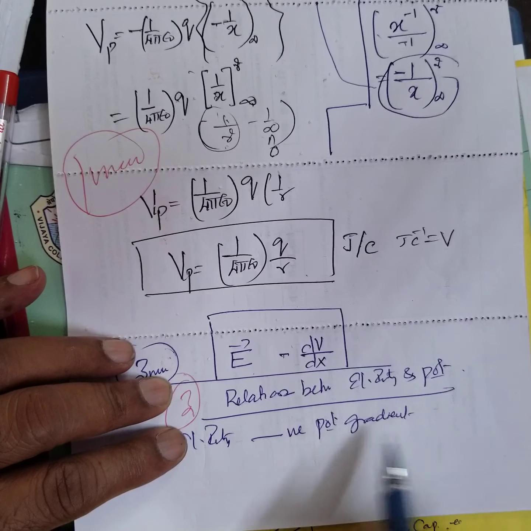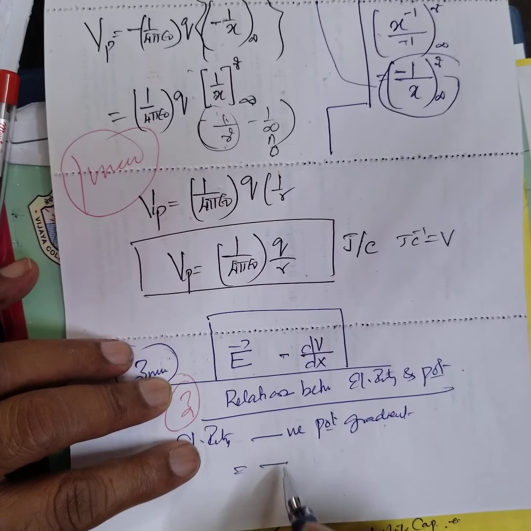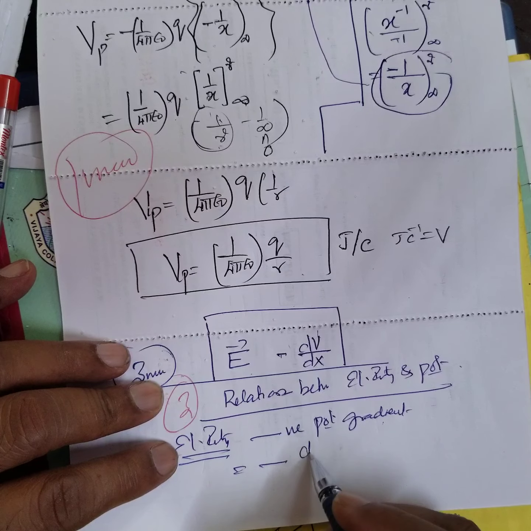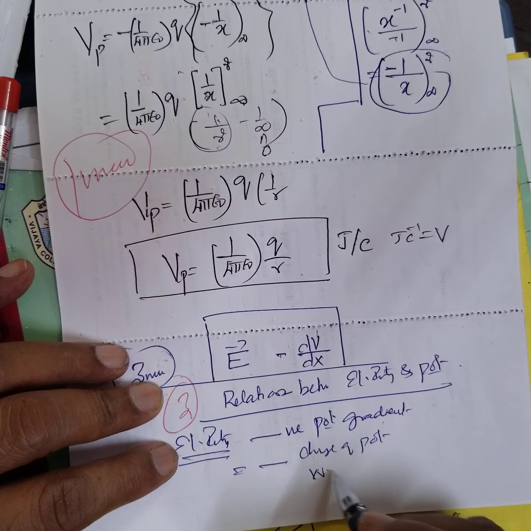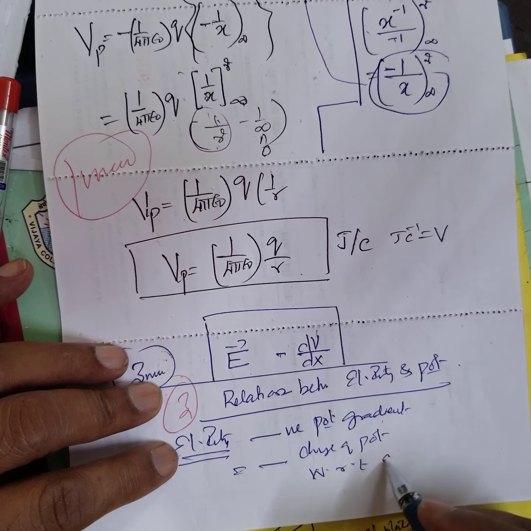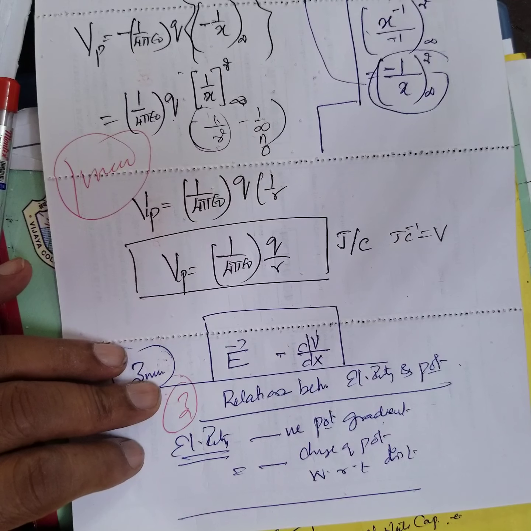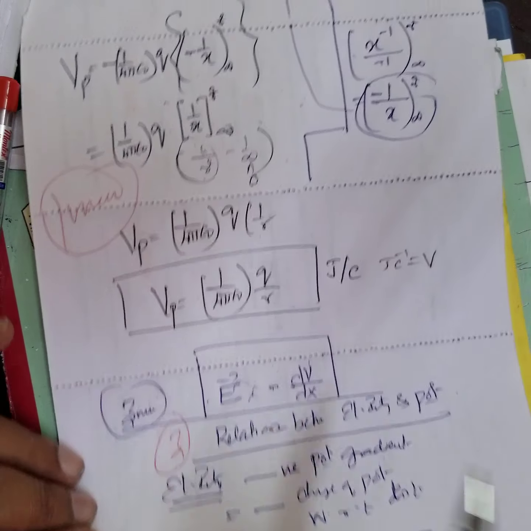Remember, what is a gradient? Something changes with respect to distance. Electric intensity is equal to the negative change of potential with respect to distance. Like that also is possible. They may ask you for this one. What is the relation? This is 3 marks. I will do it now.